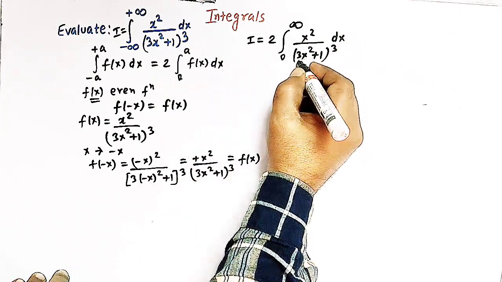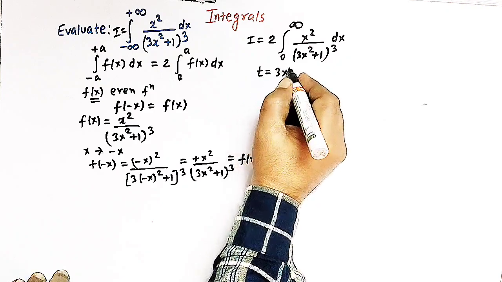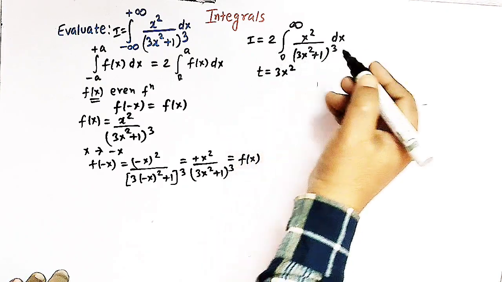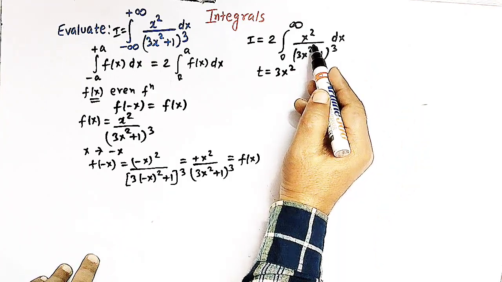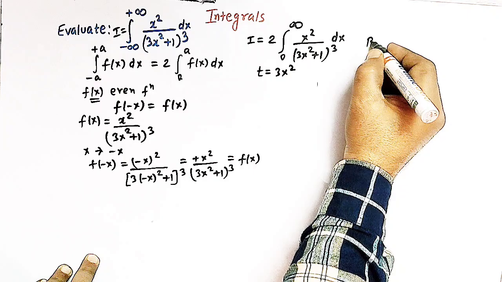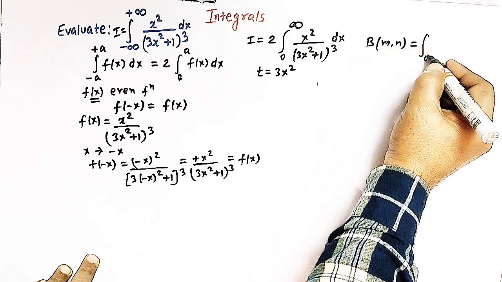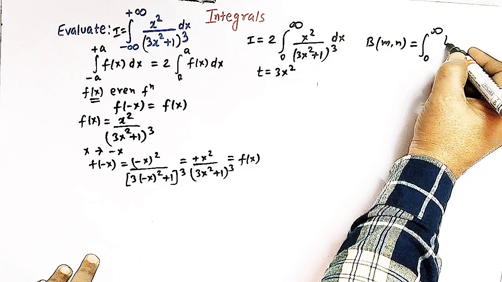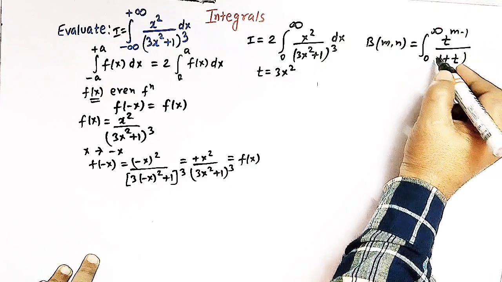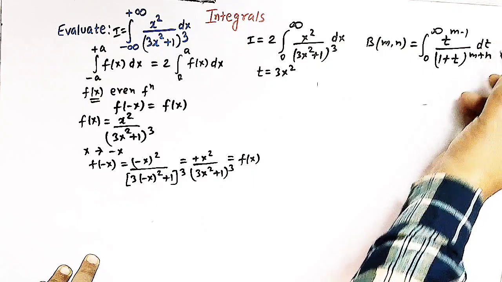So let us substitute t equal to 3x square, so that using this substitution we can reduce this integral into the beta function, that is beta m comma n is given by the integral from 0 to infinity of t raised to m minus 1 over 1 plus t raised to m plus n dt, right?